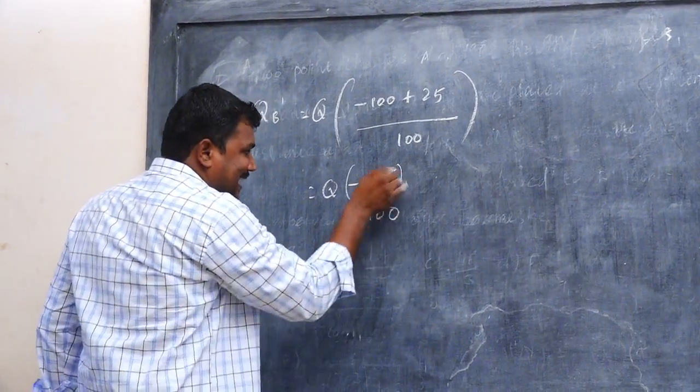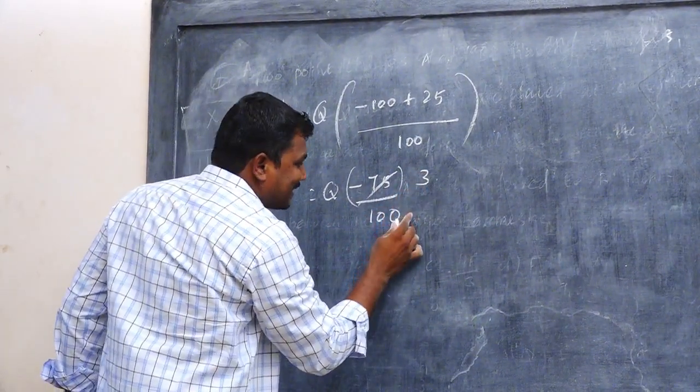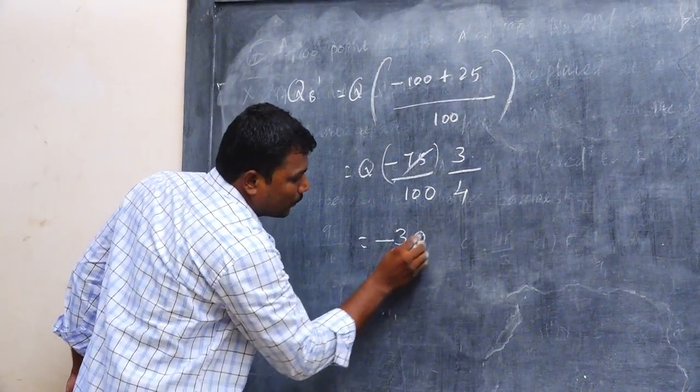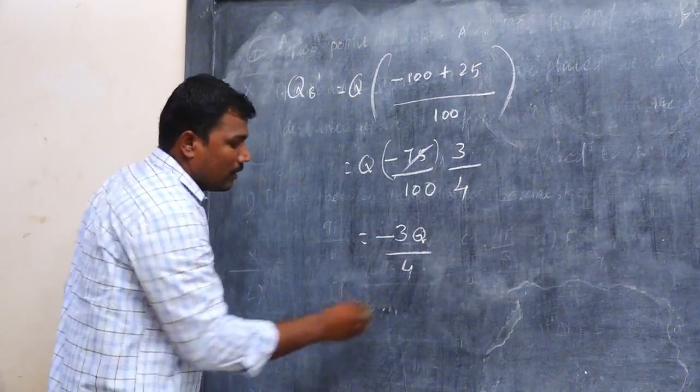Again it cancels to minus 3 divided by 4. So QB dash is minus 3Q divided by 4.